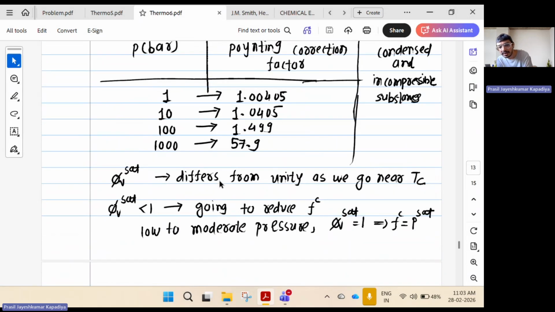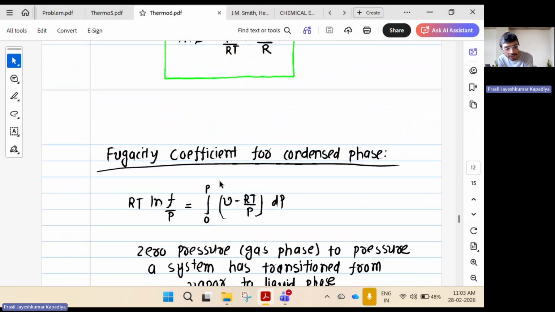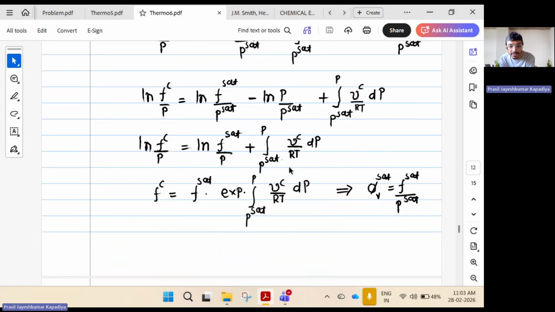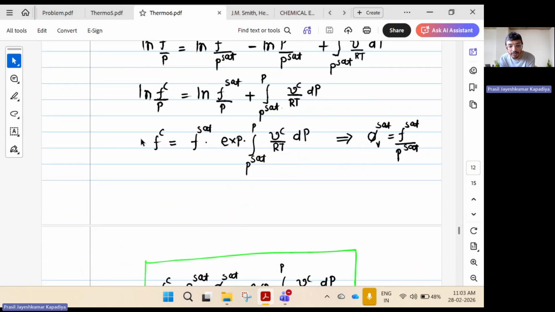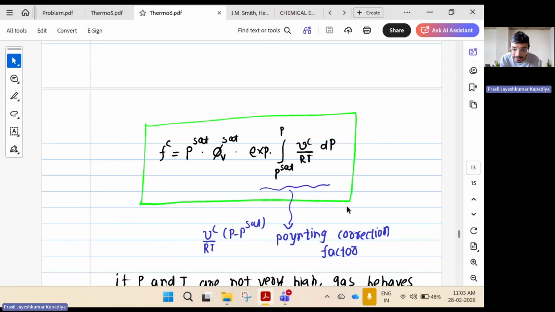Okay, so this is a very important phenomenon. Fugacity coefficient for condensed phase: we see from 0 to P_set and P_set to P, and we divide the equation in parts, and we find that f_c is equal to P_set into phi V set into exponent of P_set to P V_c by RT into dP. And this term is called Poynting correction factor.